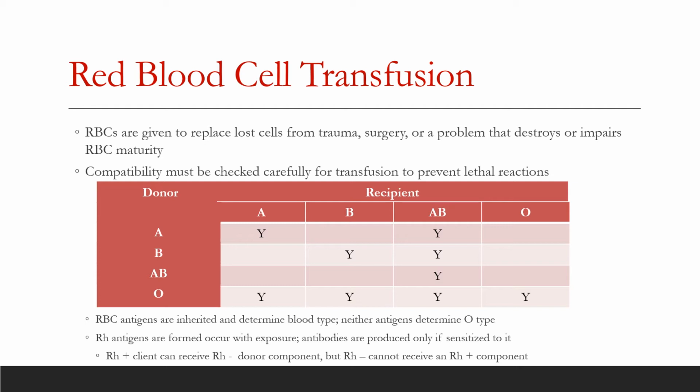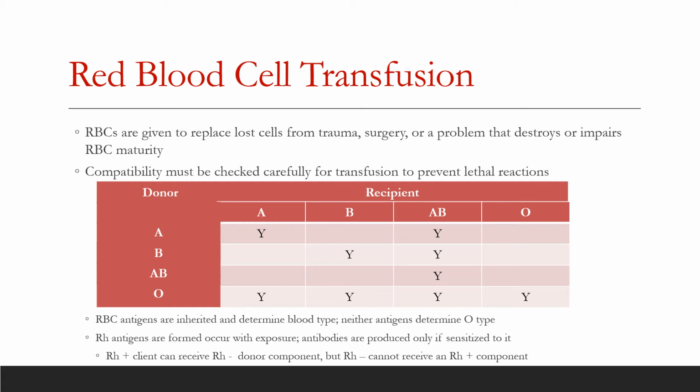So we have 2 different types of antigens. We have an RH antigen, which gives us the positive or the negative, and then we have an A, B, and O antigen. You either have an A antigen, a B antigen, an A and a B antigen, or you have none of them, so then you are type O. And then the other type of antigen that we're concerned about is the RH antigen.